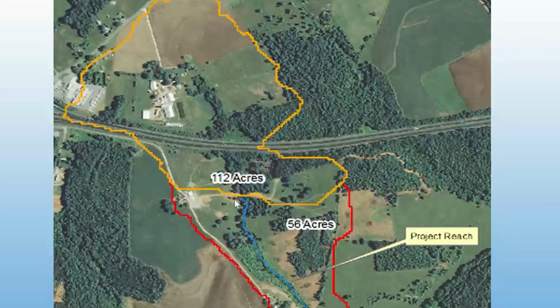Step two is we would come to the upstream end and delineate the watershed that comes to the beginning of the reach. That's 112 acres. So we are left with 56 acres of lateral drainage area. This is the drainage area that's draining water from the watershed to the channel, but only between the upstream and downstream limits.